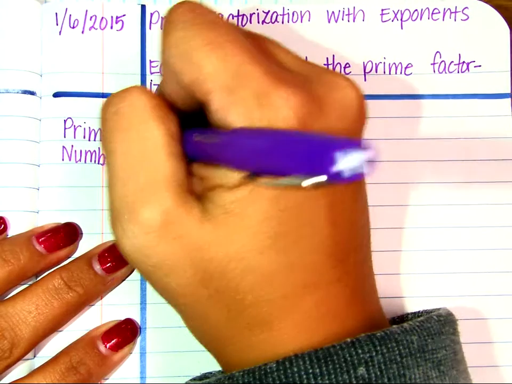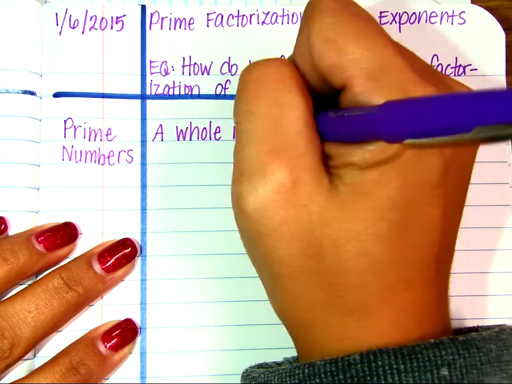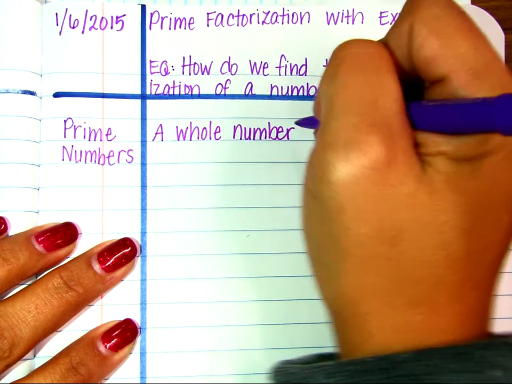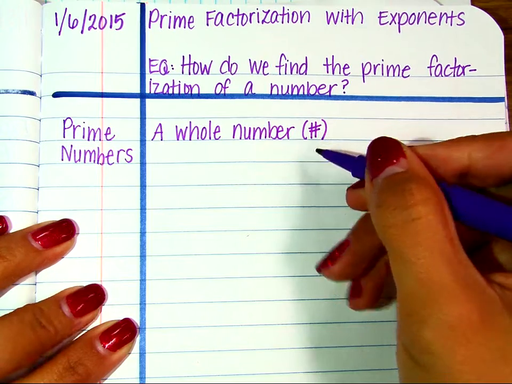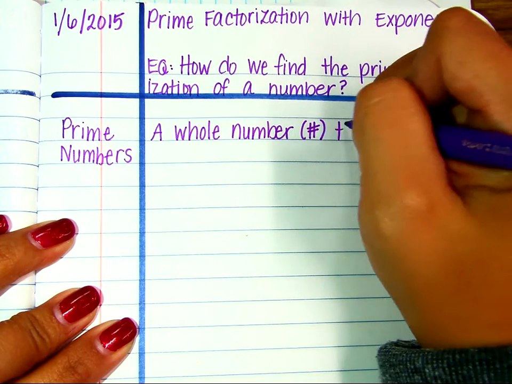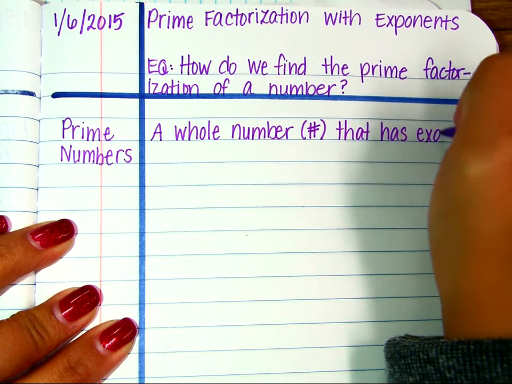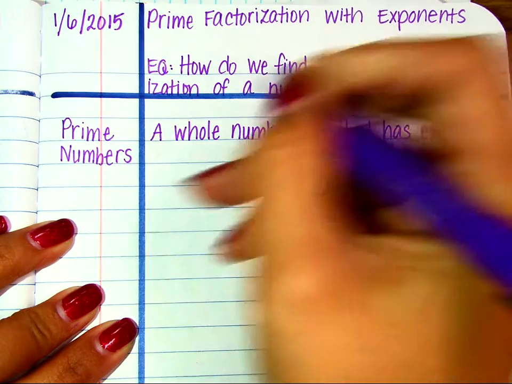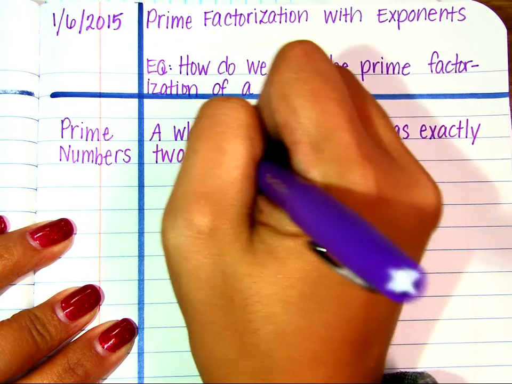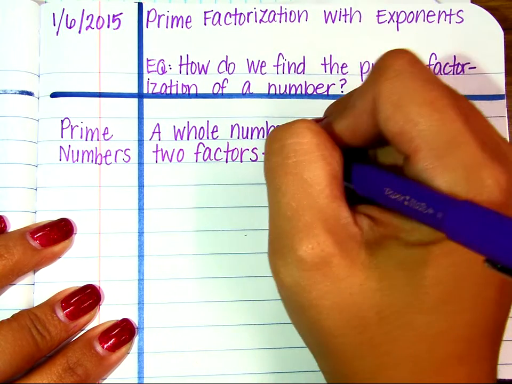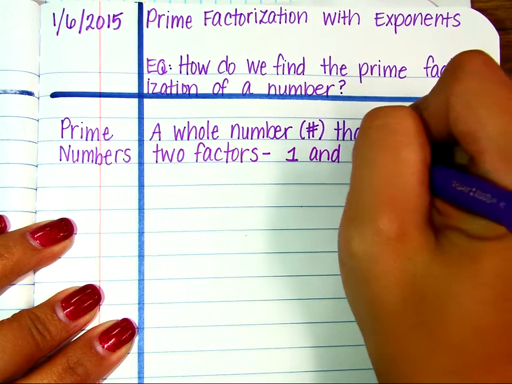A prime number is a whole number that has exactly two factors: one and itself.